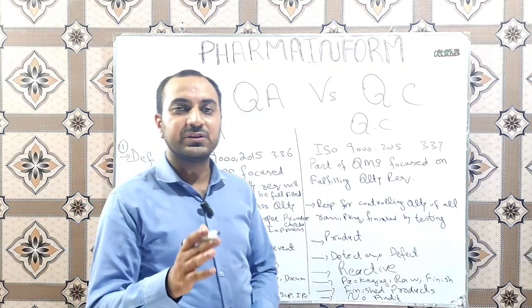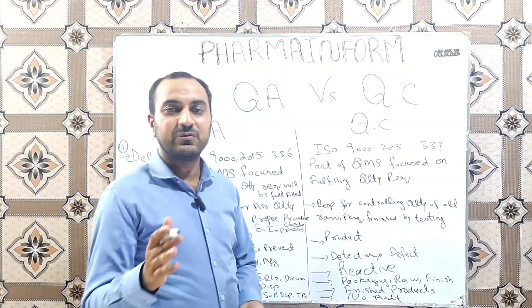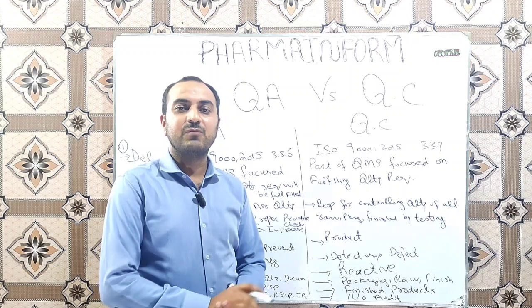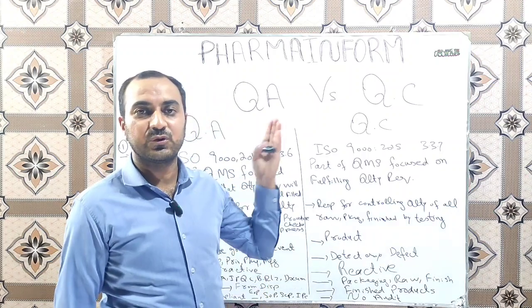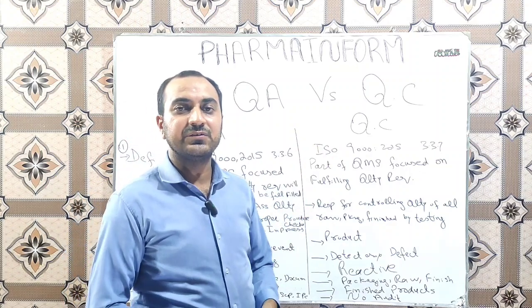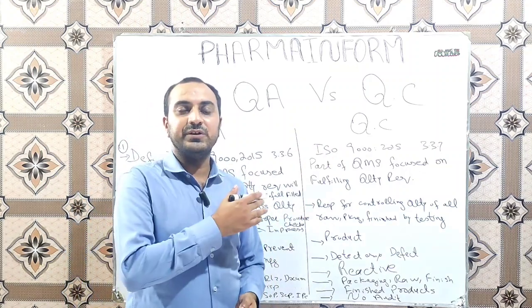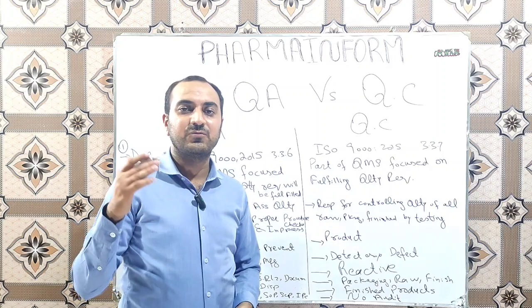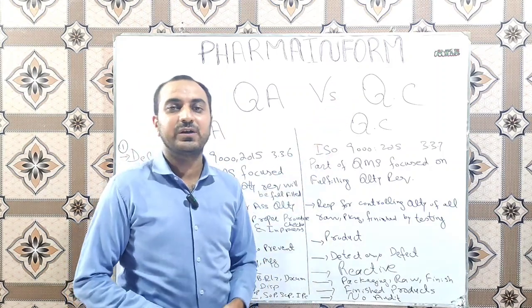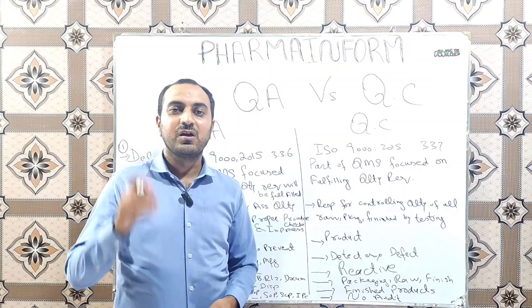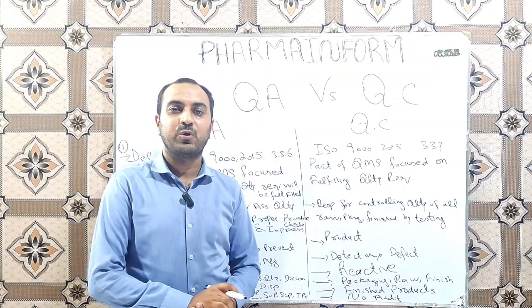But when the question is asked, what is the difference between QA and QC, most of the people do not have much data to answer this question, and they answer like this: QA is the department which is responsible for assuring the quality of product, and QC is the department which is responsible for controlling the quality of product.